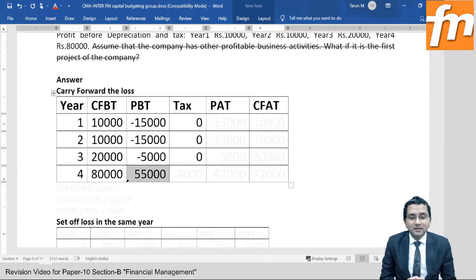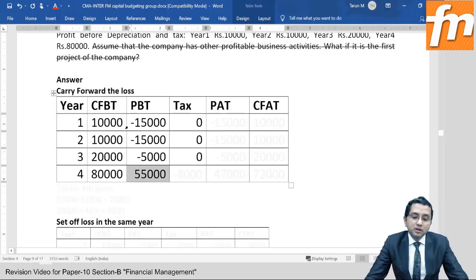But in the Income Tax Act, you must have studied that if in any year you sustain a loss, whether it is a business loss or unabsorbed depreciation, you can carry it forward to the next year and the year after that. And whenever you earn a profit, you are allowed to first set off, that is deduct, the carried forward loss and pay tax on the remaining amount.